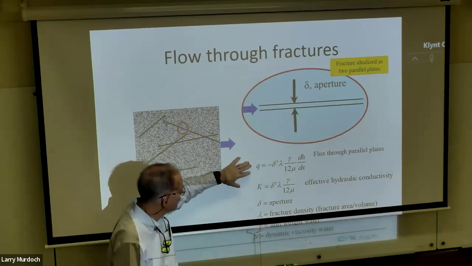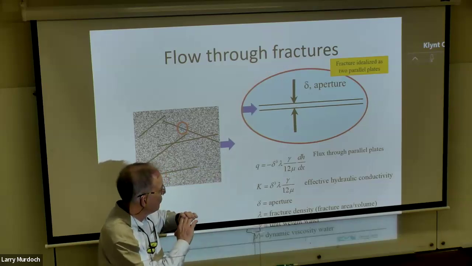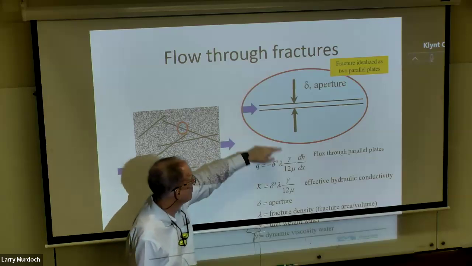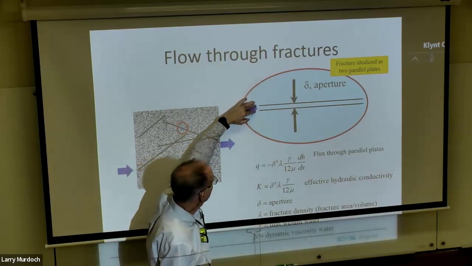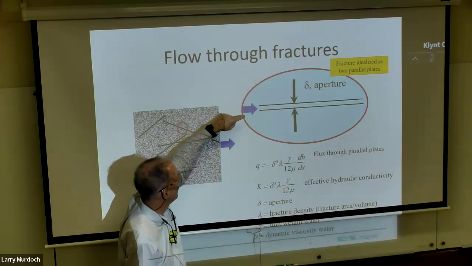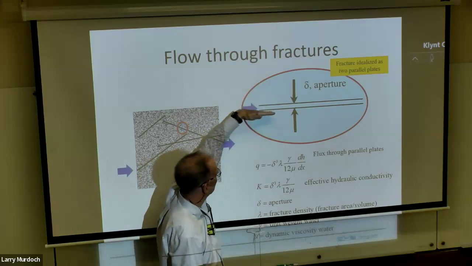Okay, this is an analog to what we saw for Poiseuille flow through a circular tube, and this is written for flux through a parallel plate. So this is the channel through which flow is going, and instead of being a circle, these are two planes.